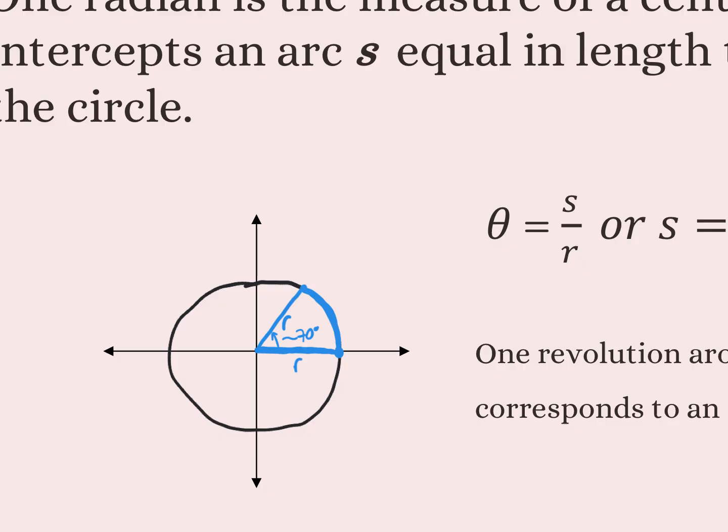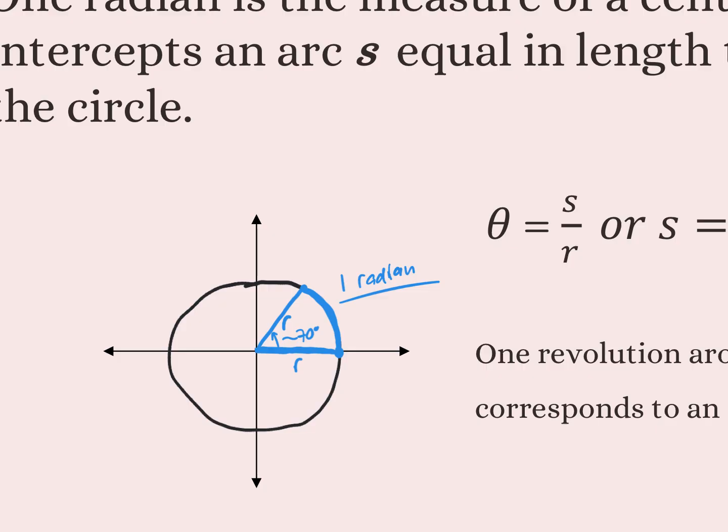So one radius, I'm going to call it a radian. That's actually what we call it as an angle measurement. So you can see that this about 70 degrees that you see here is the same as if I were to take one radius and wrap it around that part of the circle. All right, so this is a radian measure. So this is an angle.